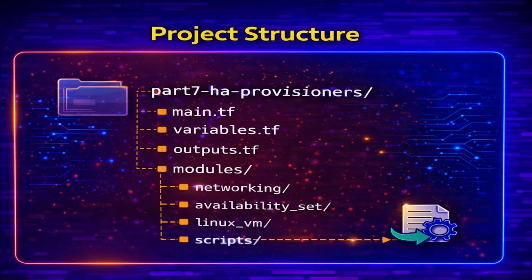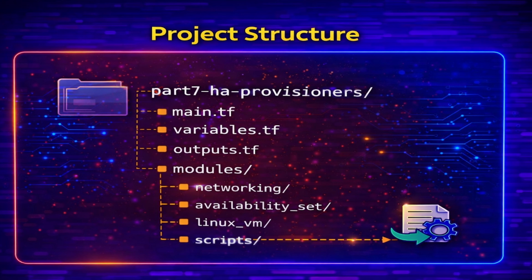In this project, we are going to build a simple but practical high-level scenario. We will deploy two Linux virtual machines using Terraform and then automatically install NGINX on both of them using a script. After deployment, we'll verify that each VM is working by accessing its web page. You can imagine that in a real environment, these two VMs would sit behind a load balancer, which I'll cover in the next videos.